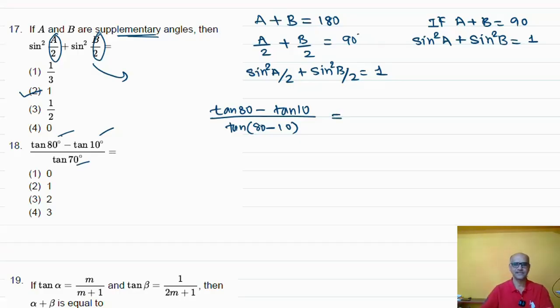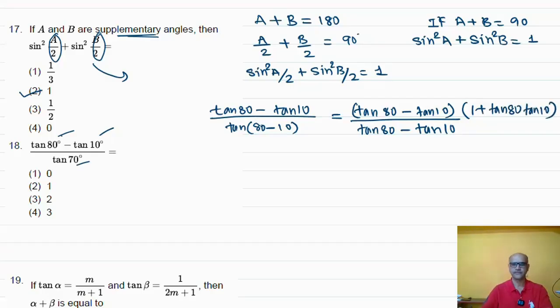Denominator, tan 70, I will write as tan of 80 minus 10, and apply the tan a minus b formula: tan a minus tan b divided by 1 plus tan a into tan b. So this term gets cancelled. What remains is 1 plus tan 80 into tan 10.